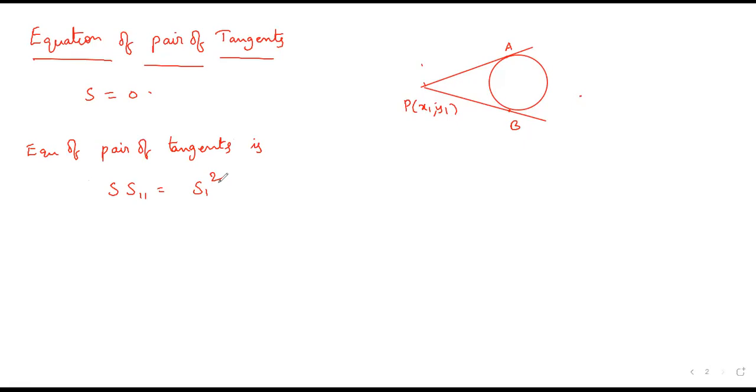This is the equation of the pair of tangents. At a time, we will get the equation of PA into the equation of PB, that is a pair of lines. So the pair of tangents is S into S11 equals S1 square.